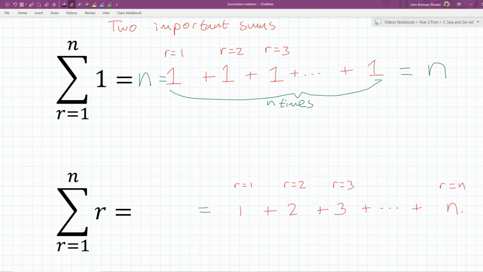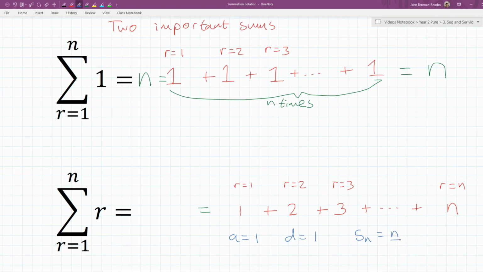So we know that if n was 100, we could do that thing where we write it backwards and forwards. Well, we've also got formulas for this now. And what we're going to see is that if a equals 1 and d is equal to 1, because that is an arithmetic sequence where we start at 1 and we go up by 1, and we've got n terms, we know that Sn is equal to the formula.